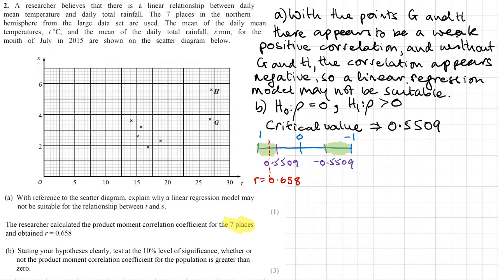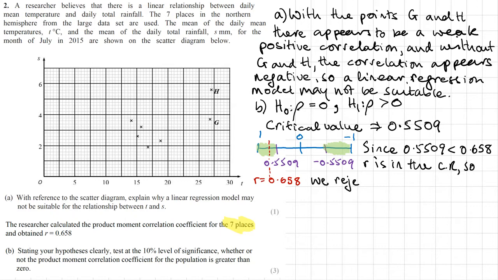So we'll say that since 0.5509 is less than 0.658, our value of R is in the critical region, so we reject H0 and then we write our sentence in context.